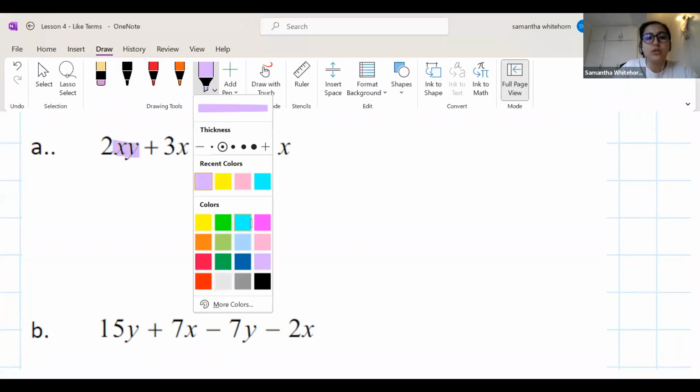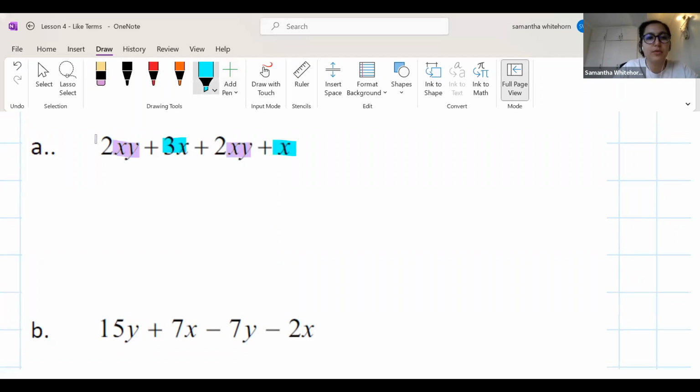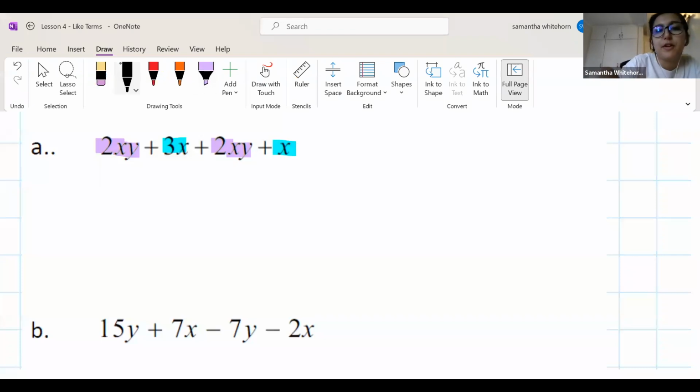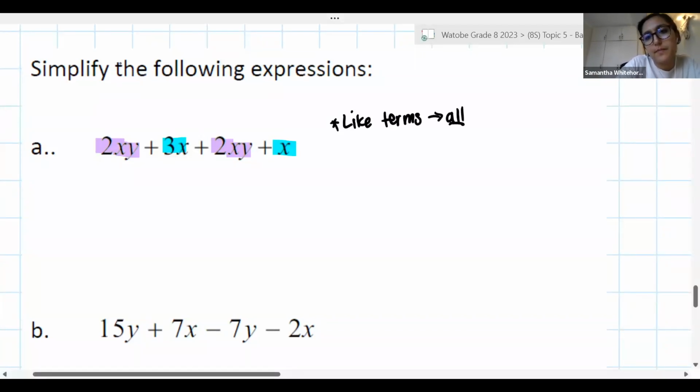Now, if you want to, you can amend your definition of like terms in that they need to have the same groups of variables. So here, 2xy and 2xy are like terms because they have the same group of variables. So we can just add a little side note here: like terms, all variables must be the same.